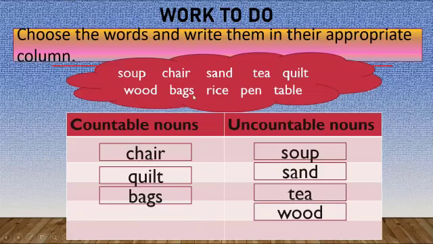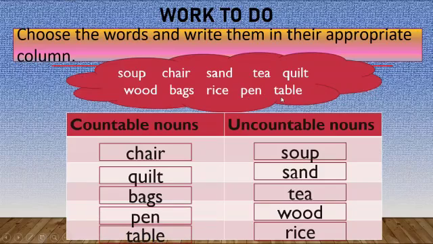This is countable. Good. Rice. It is an uncountable noun. Pen. It is countable. Absolutely right. Table. We can count it. It is a countable noun. You are right.